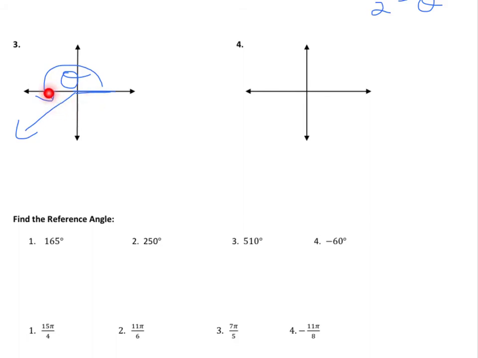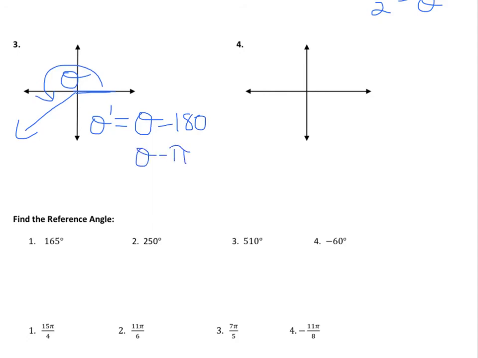So to find its reference angle, theta prime is just the original angle minus 180 because you're past 180. And if you had this in radians, it's just theta minus pi.